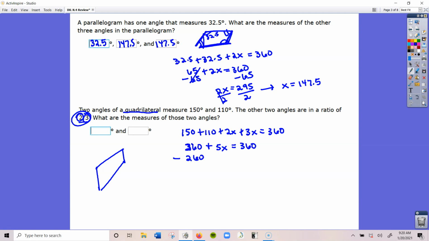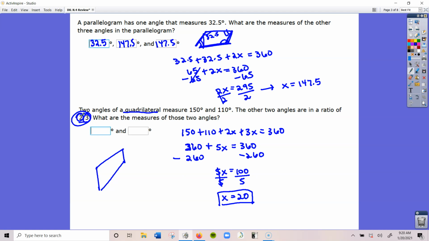We subtract the 260, we get that 5x is equal to 100, and then we divide by 5, so x is equal to 20. Now this is not my answer, but this is going to help me.